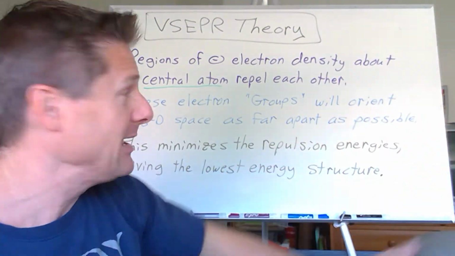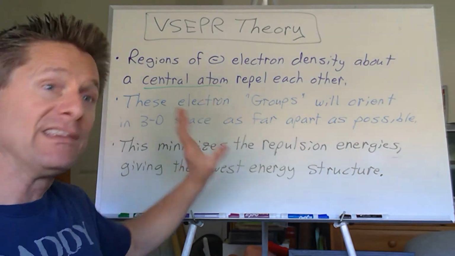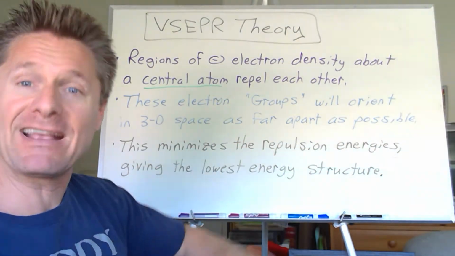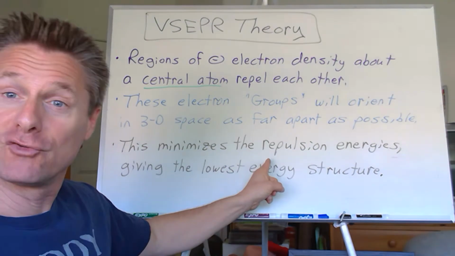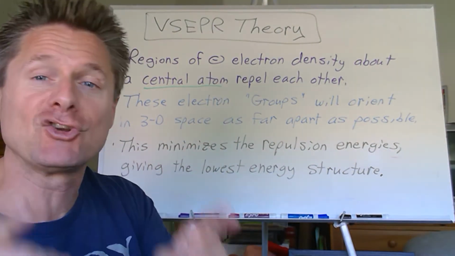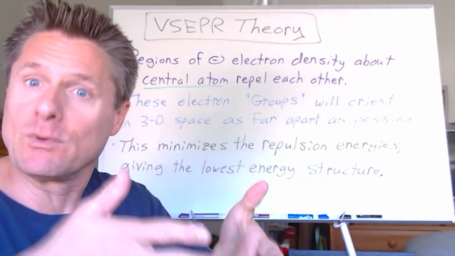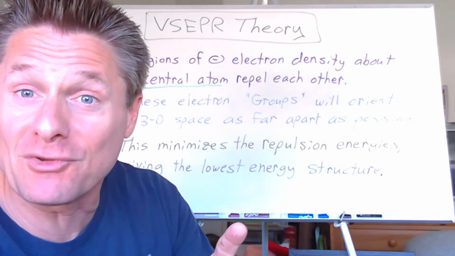Electrostatic repulsion! Get as far apart as possible in 3-dimensional space. The resulting structure, by maximizing their distance, minimizes those repulsion energies, which gives you the lowest energy structure. That's the one nature will always go to. Nature always goes to the lowest energy state, unless we blast it with some energy and put it in an unnatural state.